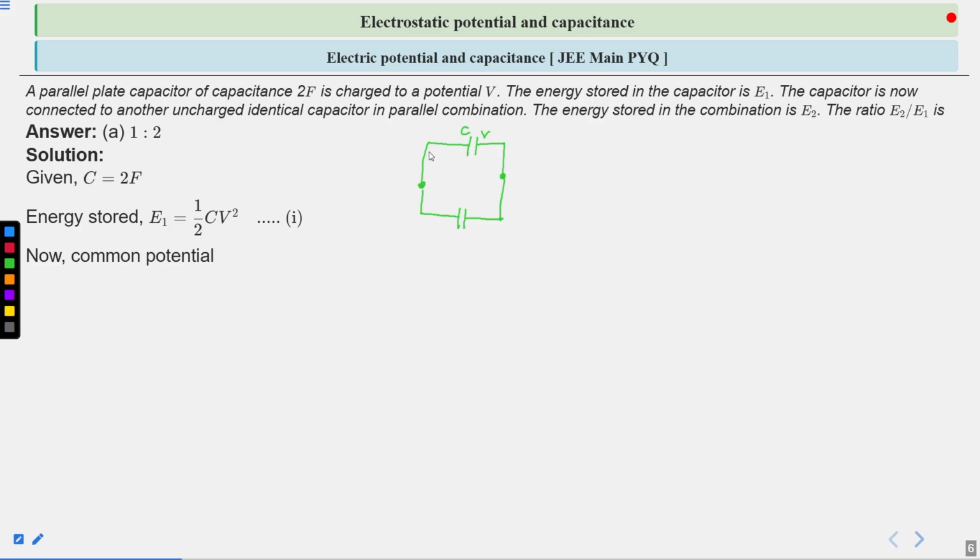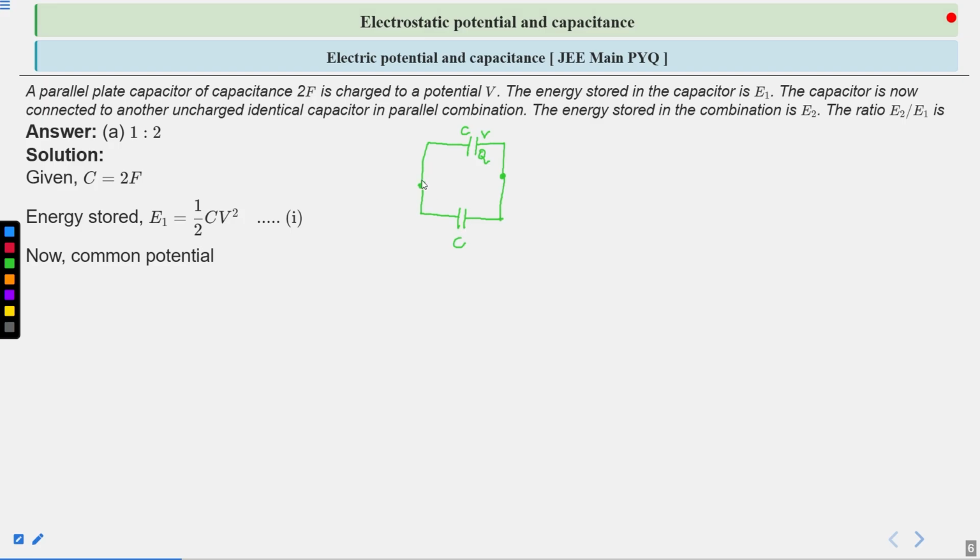So when we connect both these identical capacitors, there will be transfer of charge from this capacitor to this capacitor. Distribution of charges will start, and after distribution, when the static condition is achieved, these two capacitors will attain some common potential.